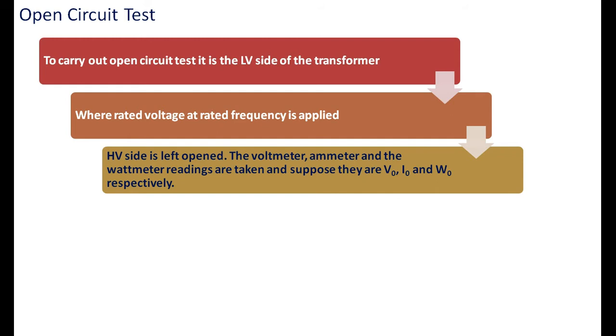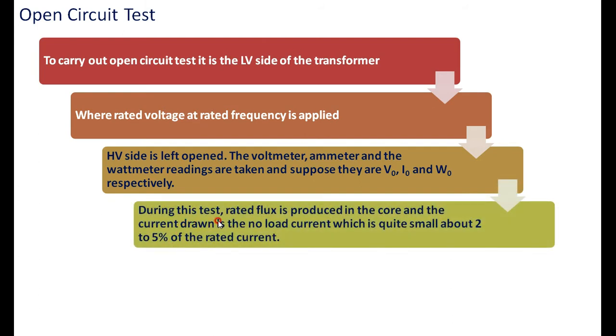When you apply the rated voltage through a thermostat, you have to note down the readings of the meters: V0, which is the rated voltage itself, I0, which is the no-load current, and W0, which is the total power input to the transformer under no load condition, or open circuit test.